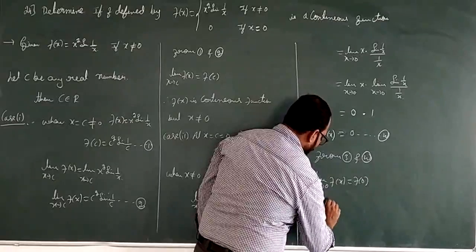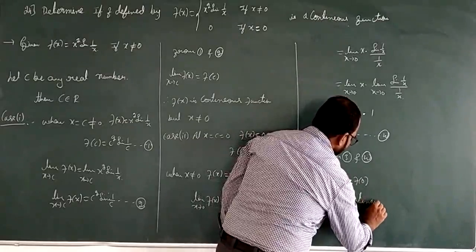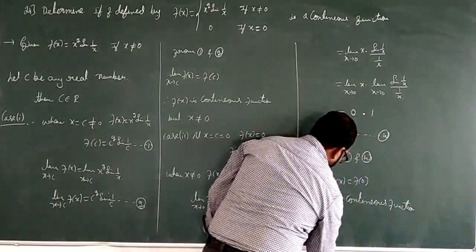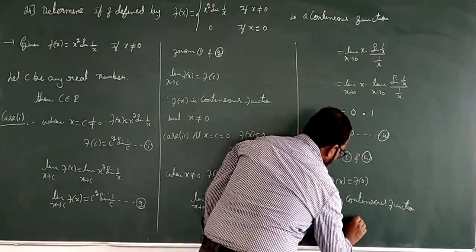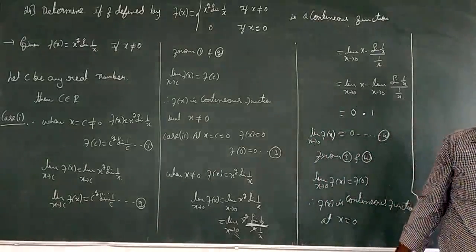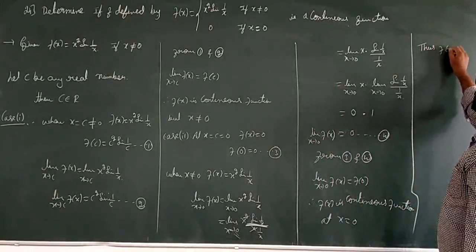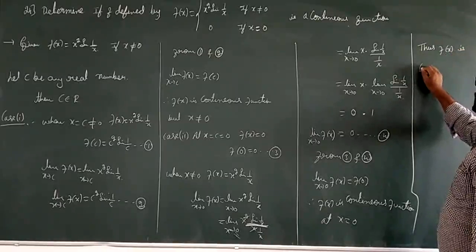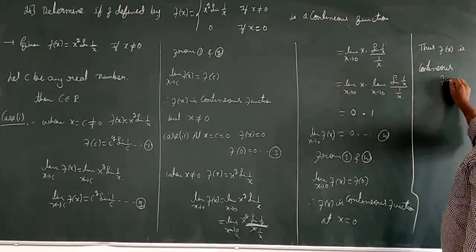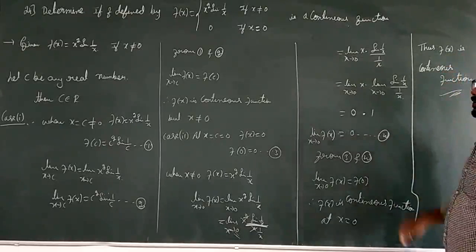Therefore f of x is a continuous function at x is equal to 0. Thus finally we conclude that f of x is a continuous function.